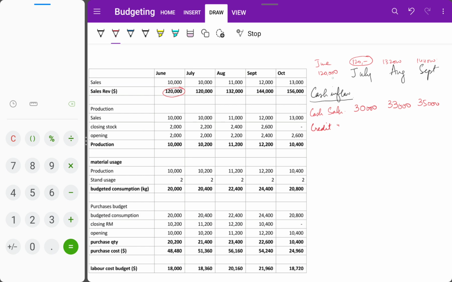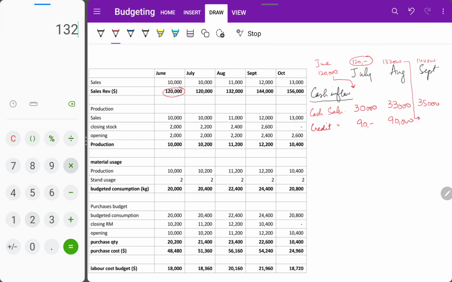So from 120,000, we will get 75%. 120,000 into 0.75 is 90,000. And then the same 90,000 will be here. And in September, we will get 75% of August.